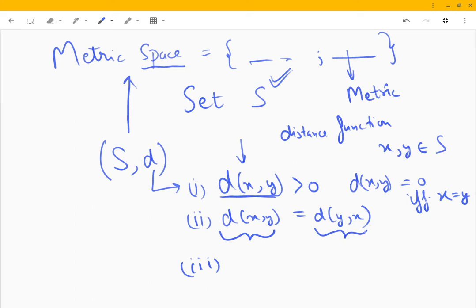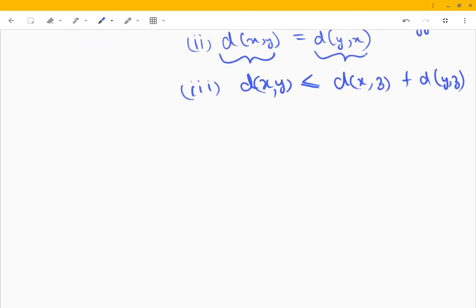Yeah, triangle inequality. d(x,y) should be less than or equal to d(x,z) plus d(y,z). I think this needs explanation.